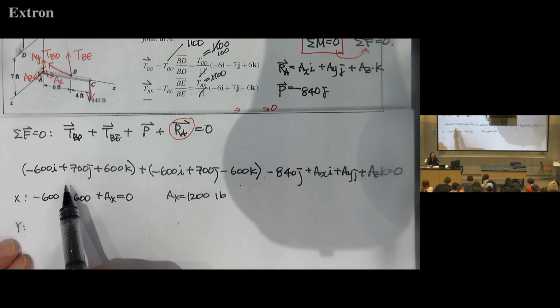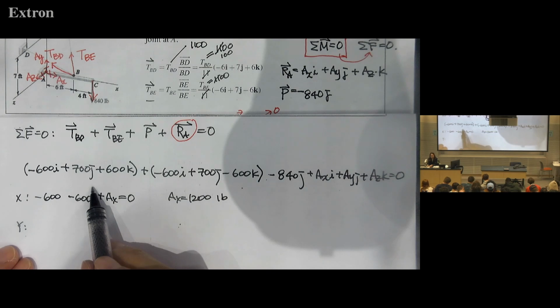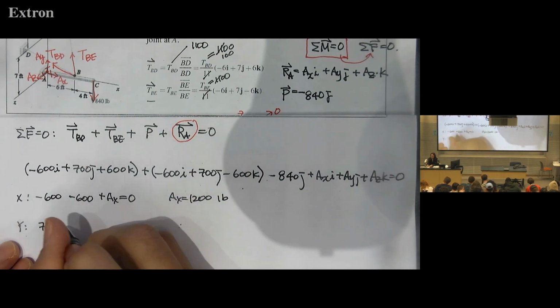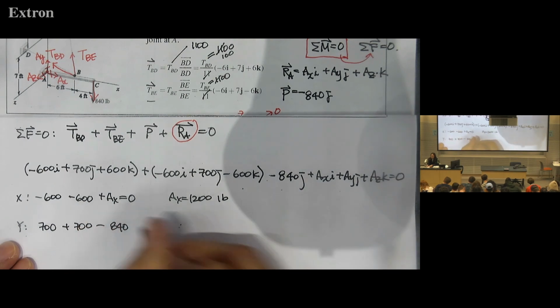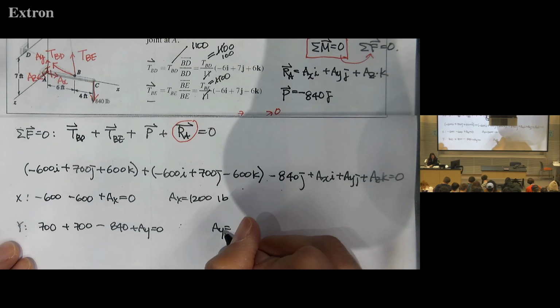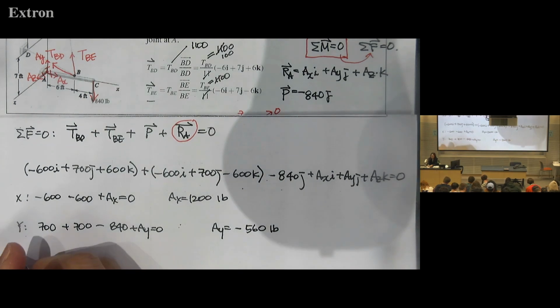And then the y component. I'm going to go through fast because you already know. So 700, and then 700, and minus 840 plus AY. Right, so then AY in my note is minus 560 pounds.